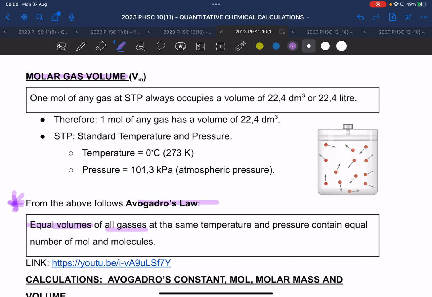So dit kan enige gas wees. And they are at the same temperature, and they are at the same pressure. Okay, so alle gasse, selfde temperatuur, selfde druk, selfde volume. Then you will have equal number of molecules.